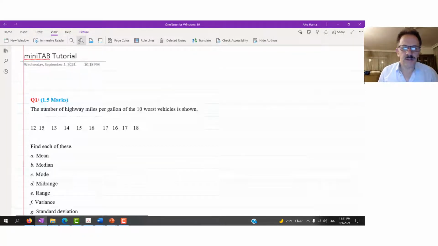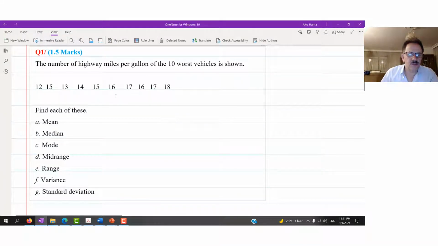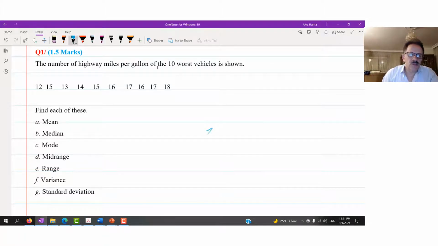It was one of my assessment tools, one of the questions from the assignments. It asks us to find the highway miles per gallon for the 10 worst vehicles shown here. So what is required?